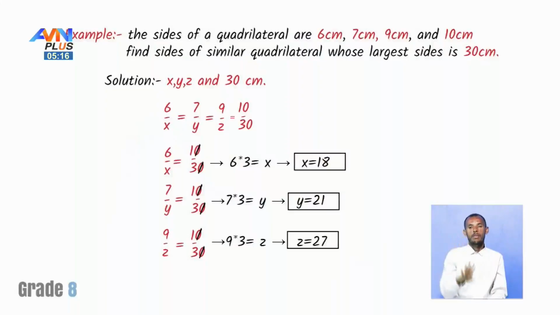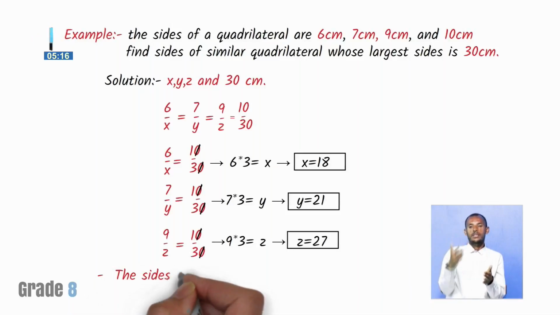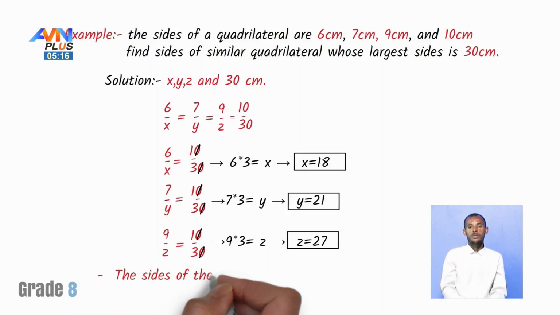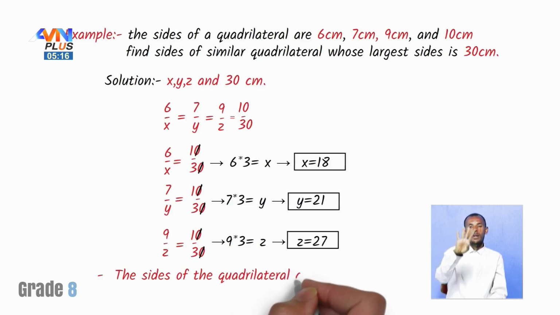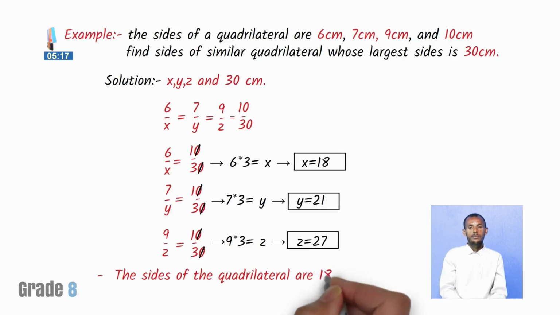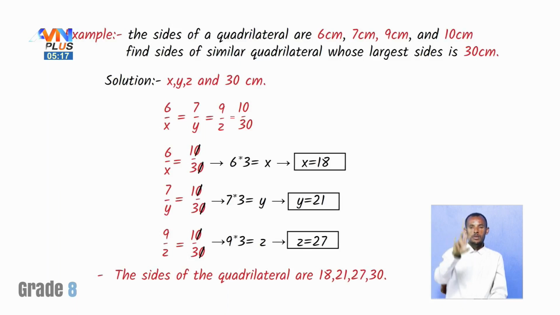So you can say that, therefore, the sides of the quadrilateral are 18, 21, 27, and 30.